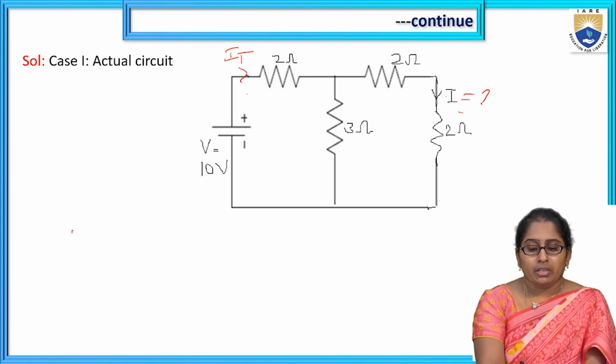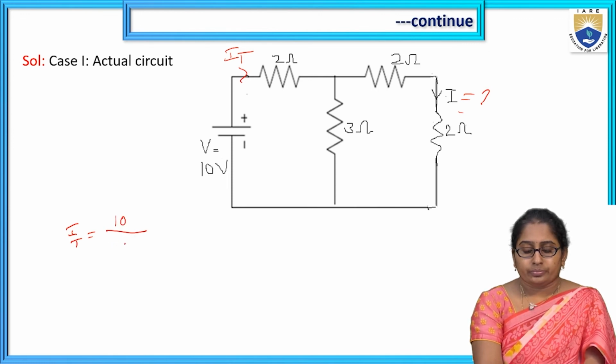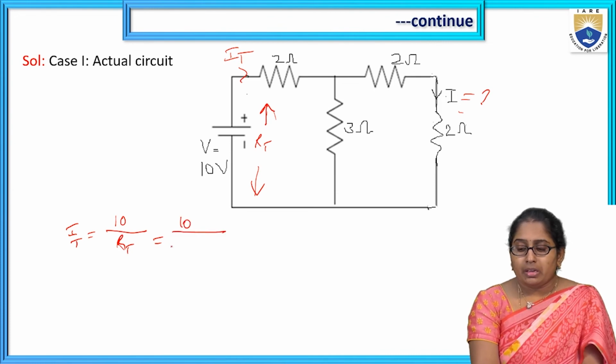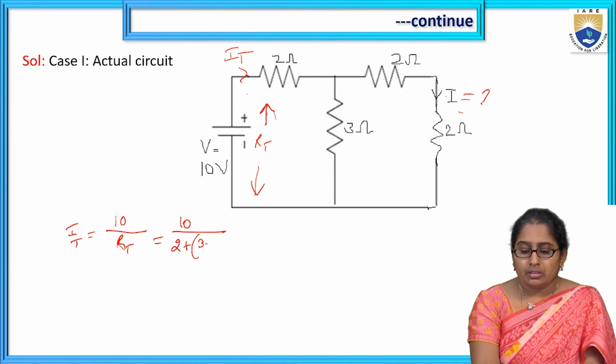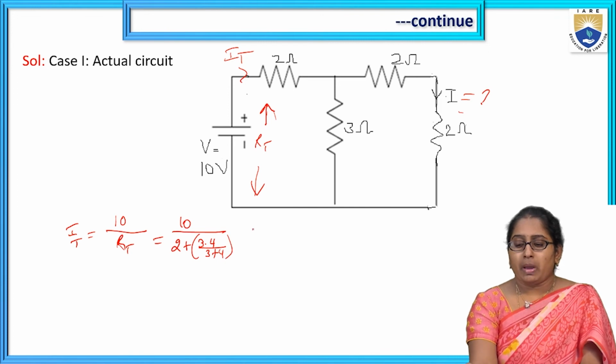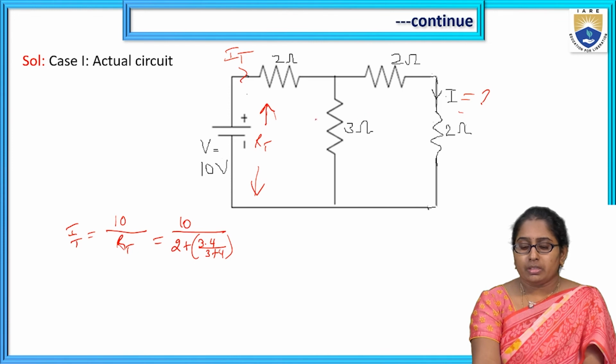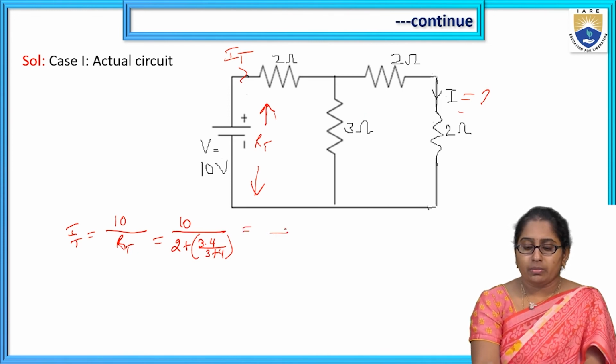So IT is given by 10 by RT. Let us say RT is here. RT is given by 2 plus 3 into 4 by 3 plus 4, right? So the parallel combination of these two, in series with the 2 ohm, gives the IT value.